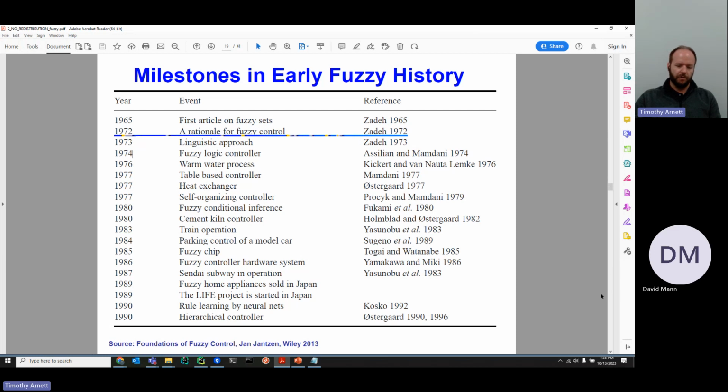Throughout the 80s and 90s was fuzzy's first hype cycle, I'll call it, where it was being introduced and used mainly in industrial control applications, but then extended on and used in a lot of machine learning situations as well. We'll talk about that quite a bit more next week during the gradient-free optimization talk.